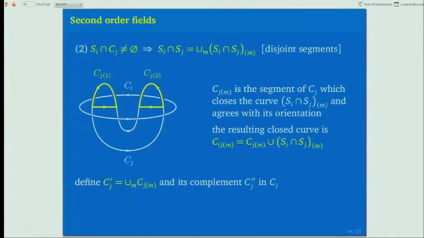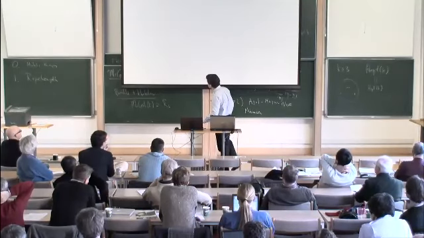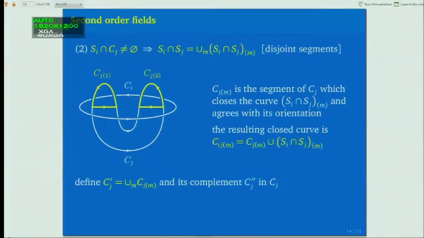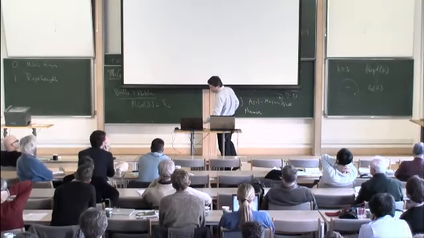Here's an example where curve ci is perpendicular to the plane of the slide, cj is the line on the slide, and they intersect along these straight yellow segments. And what we're going to do is call cjm the part of the curve, keeping orientation, that closes this segment in the curve cj.